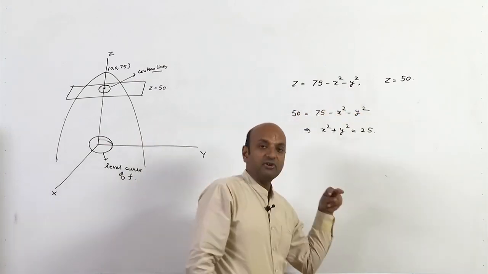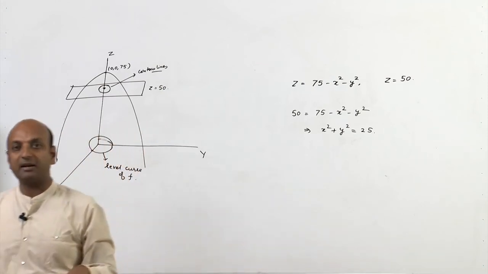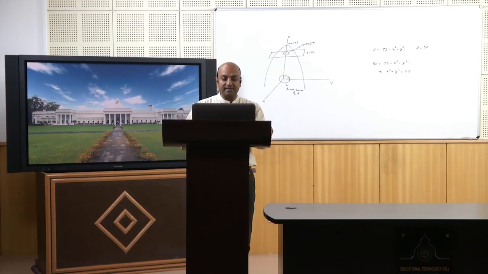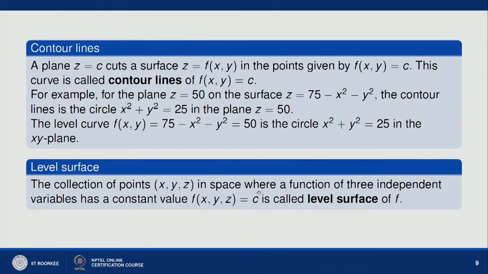If instead we have 3 independent variables, this will give a level surface. The collection of all points x, y, z in space where a function of 3 independent variables has constant value f x, y, z equal to c is called a level surface of f.